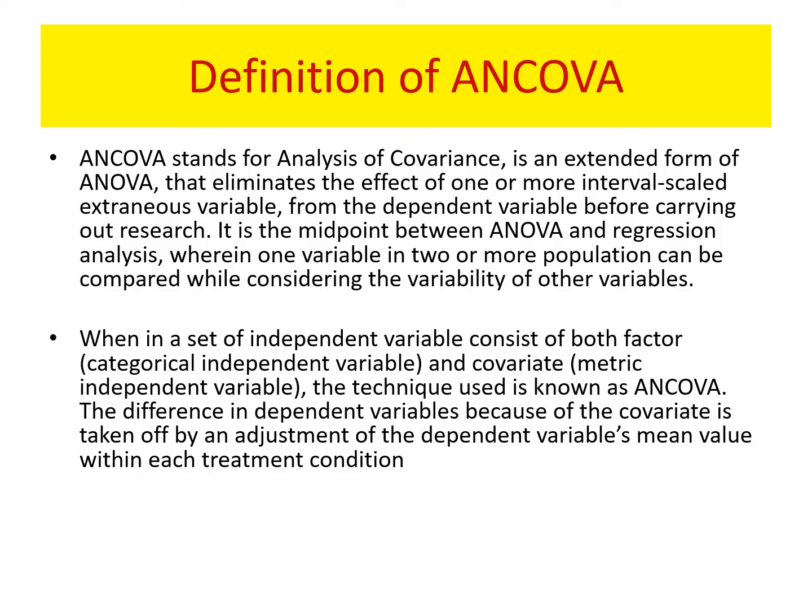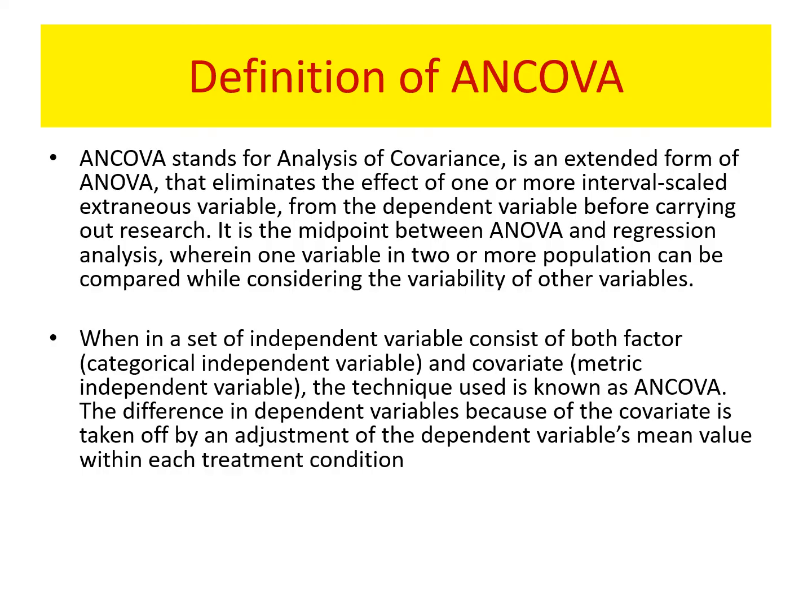It is the midpoint between ANOVA and regression analysis, wherein one variable in two or more populations can be compared while considering the variability of other variables. So the set of independent variables consists of both the categorical independent variable and the covariate, or what we call the metric independent variable.